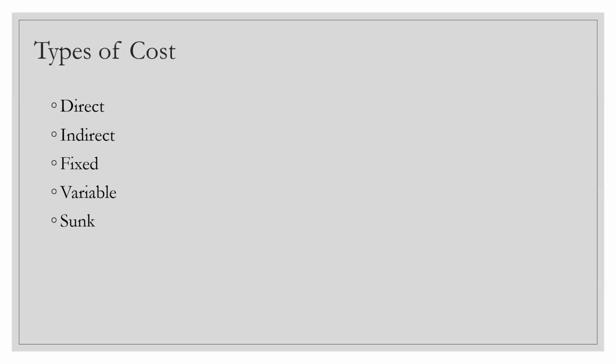Now, if these are the direct, then what is the indirect cost? Indirect cost is something where it is not directly linked to the project, which means that let's say you have got a building which is being leased out or rented out for your team to sit and work together. That rent or lease which you are paying out to the builder or the landlord, that is not a part of the cost which you're going to bill the customer, right?